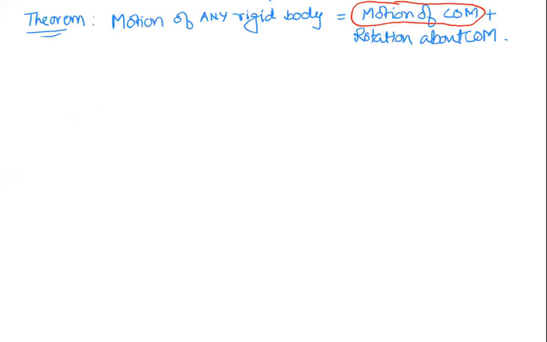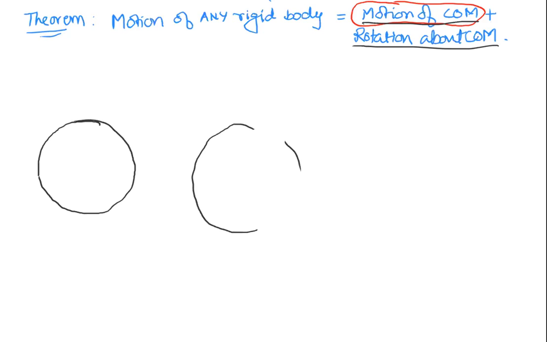Here the independence is of this quantity and this quantity. So the independence in projectile was of two mutually perpendicular axes. Here, the independence is that of translation and rotation.